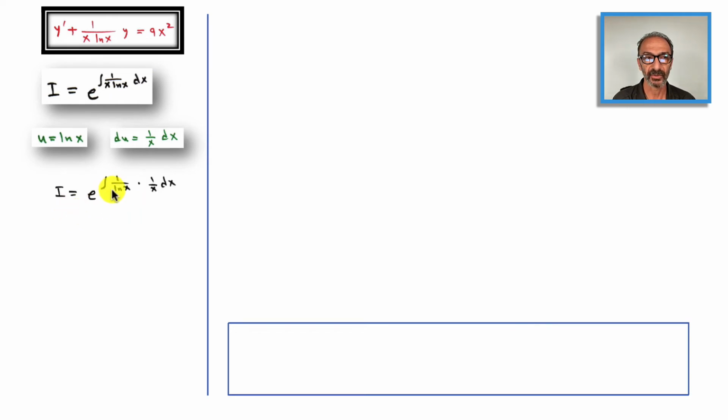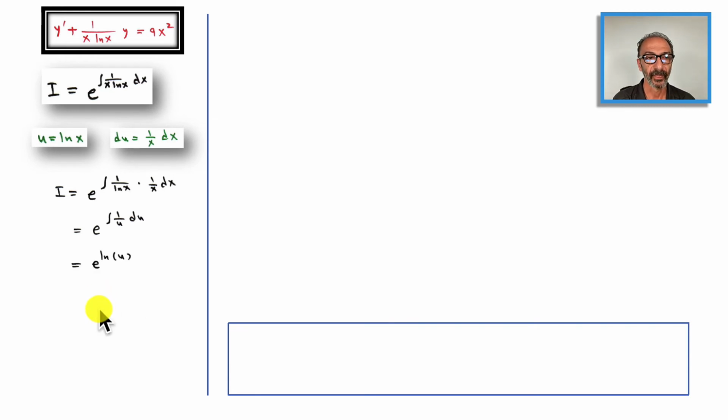I equals e to the power of the integral of 1 over ln x, separating that from 1 over x dx. That is 1 over u times du, which shows right here. That's du, and that's 1 over u because u is ln x.